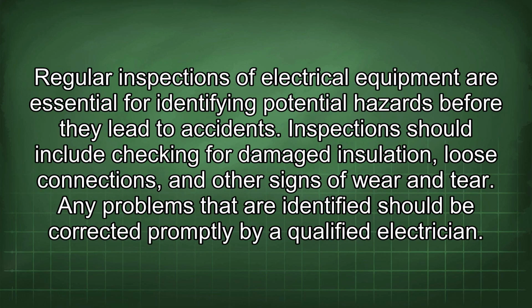Regular inspections of electrical equipment are essential for identifying potential hazards before they lead to accidents. Inspections should include checking for damaged insulation, loose connections, and other signs of wear and tear. Any problems that are identified should be corrected promptly by a qualified electrician.